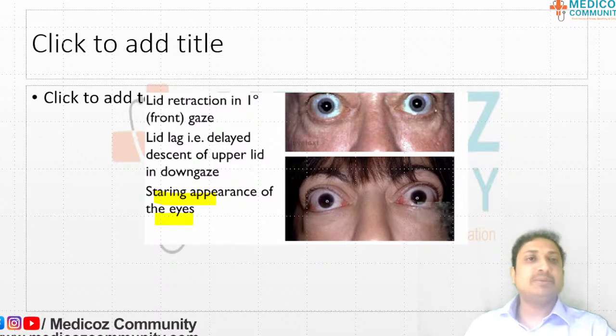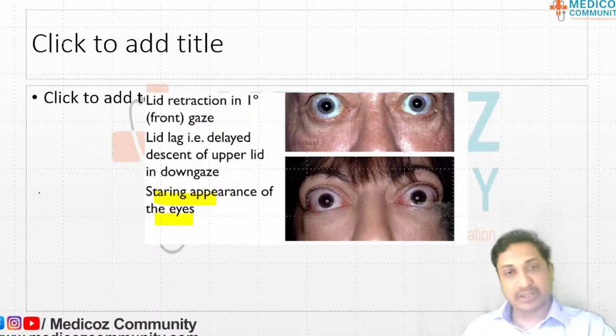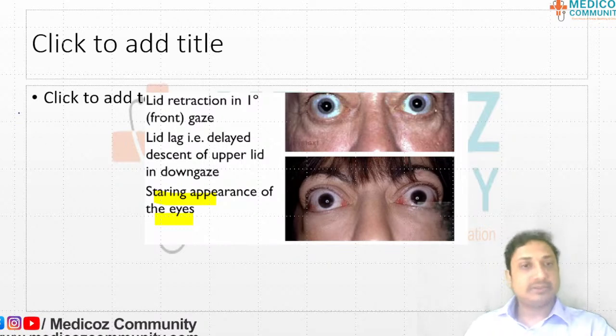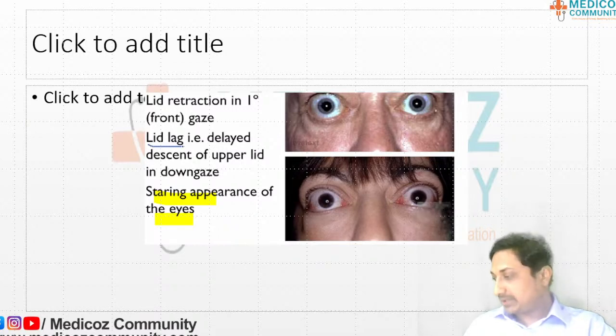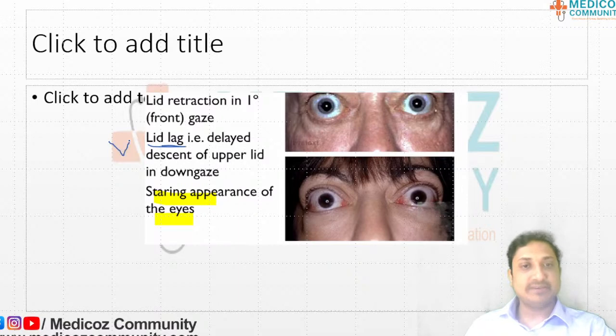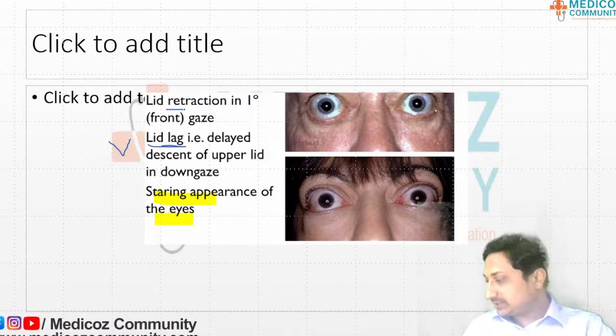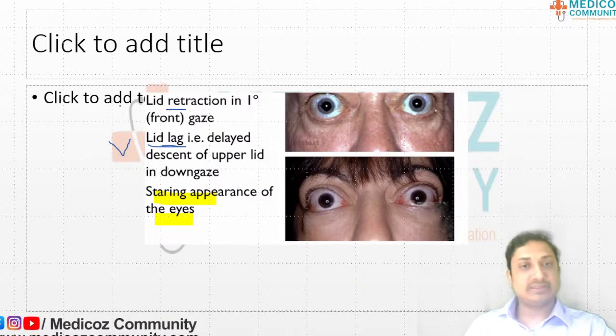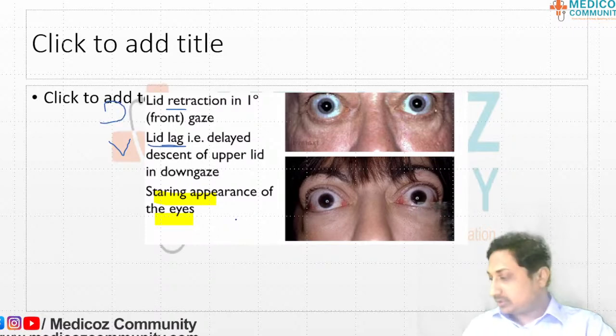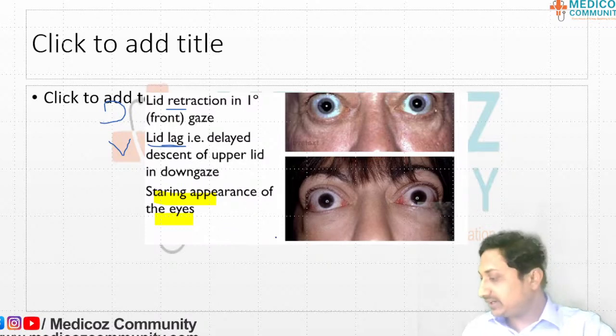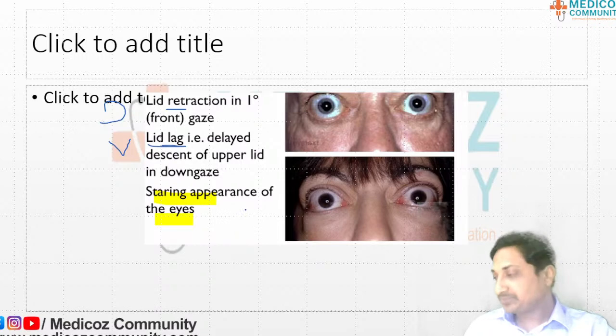So there are some important signs in thyroid disease which you need to know. Von Graefe's sign is lid lag in the down gaze. Lid retraction in the primary gaze is called Dalrymple's sign. Gifford's sign is difficulty in everting the upper lid.